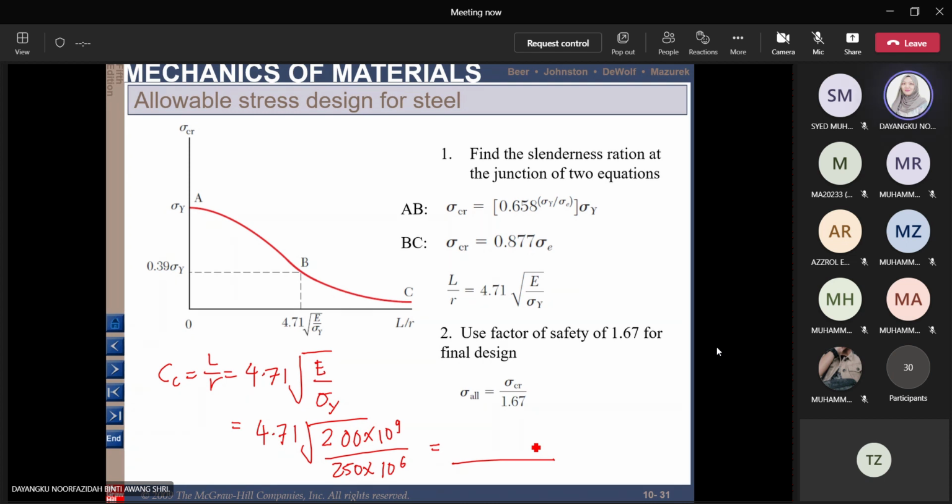So what will be the value? 133.2. So your column, is it in AB or BC?